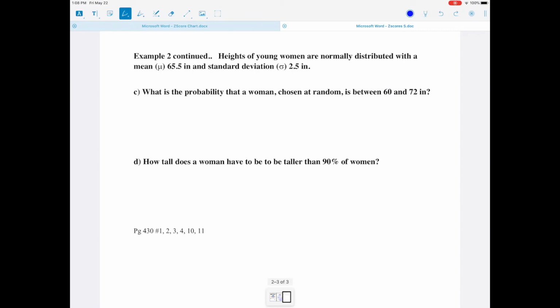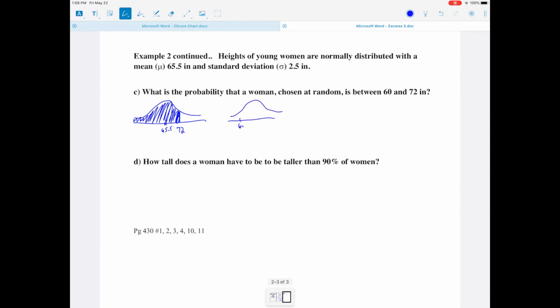Let's think about this from a picture perspective in full. So if I know our average is 65.5, right? And we're testing out 72 inches. So let's make this 72. And we want to find out the area below because it's always telling us the area below. And then here, we're testing out 60 inches.